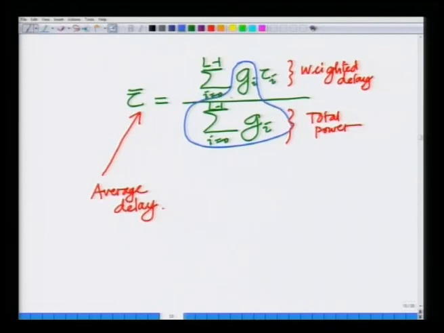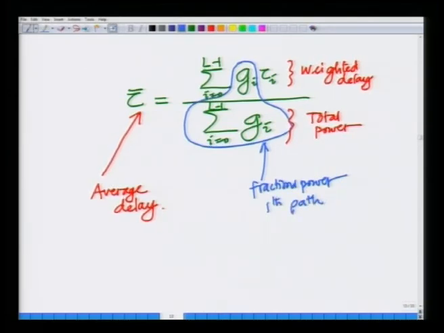If I look at G_i over summation G_i, it is nothing but the fractional power. G_i is the power in the ith path divided by summation of G_i, which is the total power. So, G_i over summation of G_i is the fractional power in the ith path.